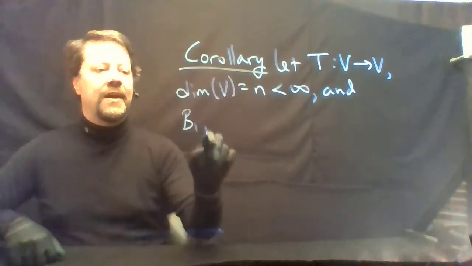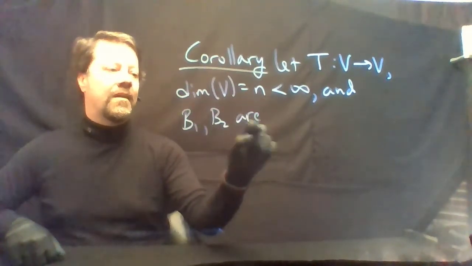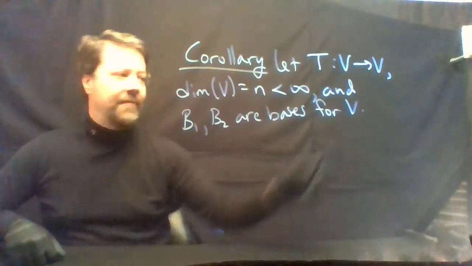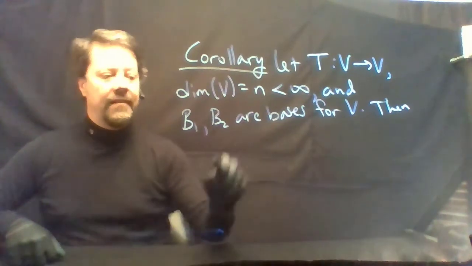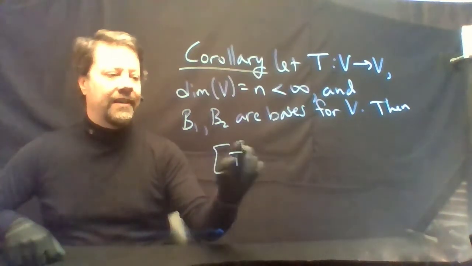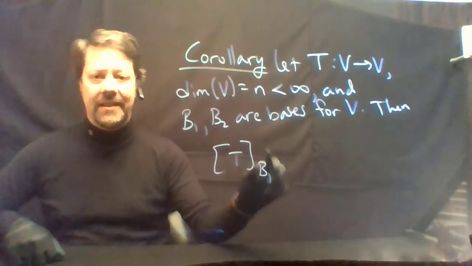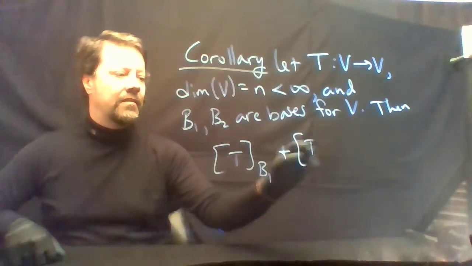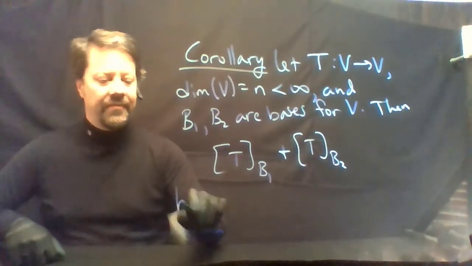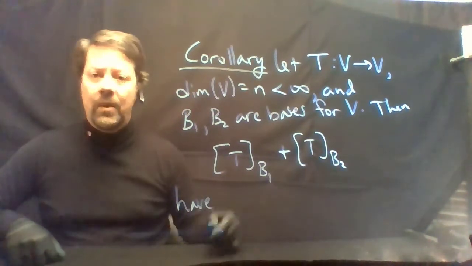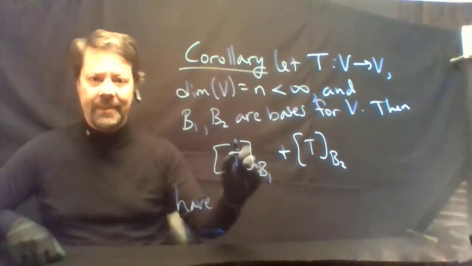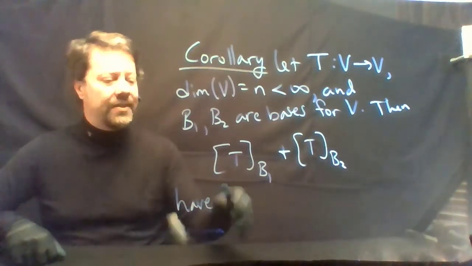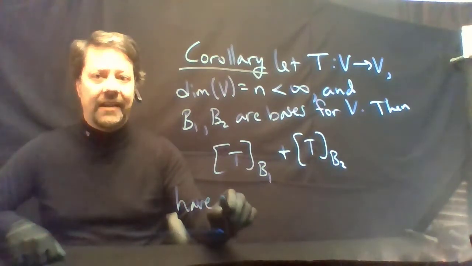And B1 and B2 are bases for the vector space V. Then the coordinate representations of the linear transformation relative to either of these bases, we already know that they are similar. Any coordinate representation with respect to one basis will be similar to the coordinate representation with respect to another basis, and hence these will have the same eigenvalues.